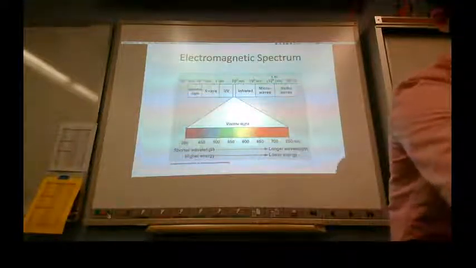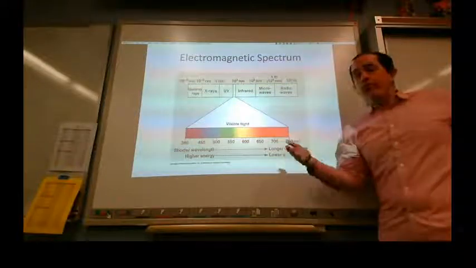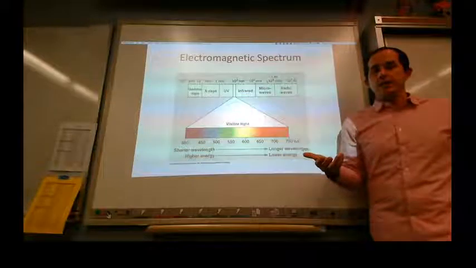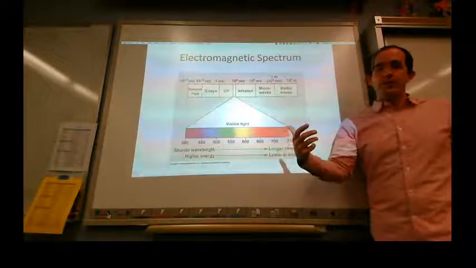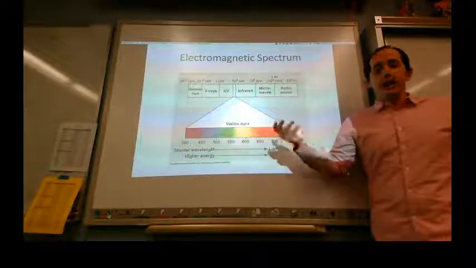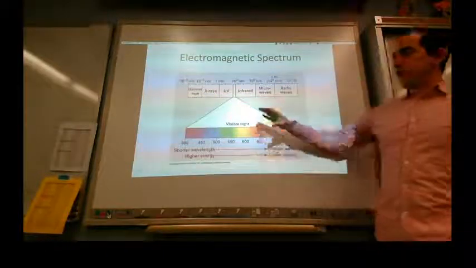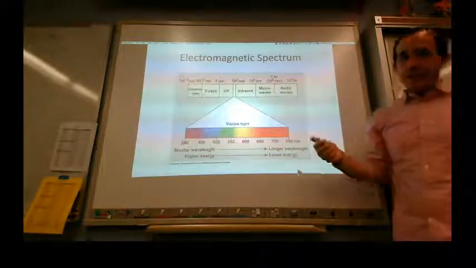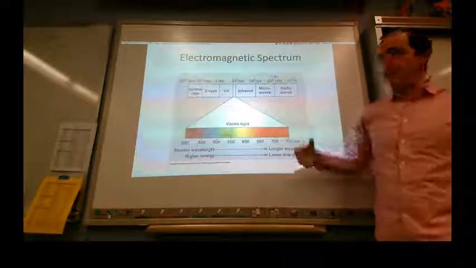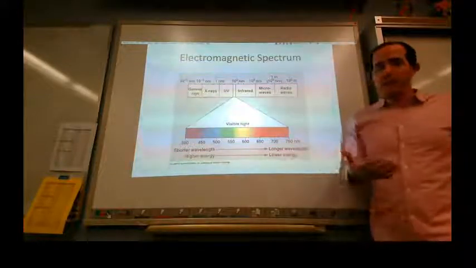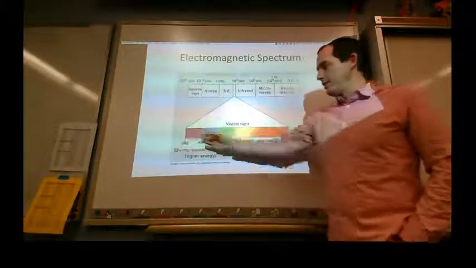So, the electromagnetic spectrum. So we know that plants use energy from the sun to drive the reactions to turn carbon dioxide and water into glucose and oxygen. Okay? So a quick little review on the electromagnetic spectrum, the light that's coming from the sun. You guys, I'm sure, know this from physics. All right? The light that comes from the sun is actually a spectrum. All right?